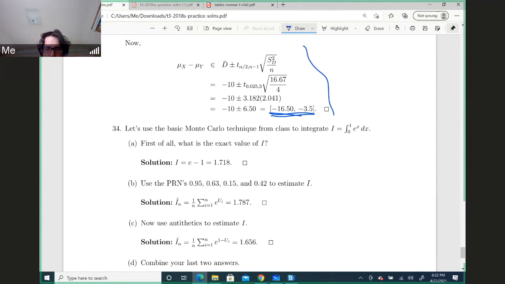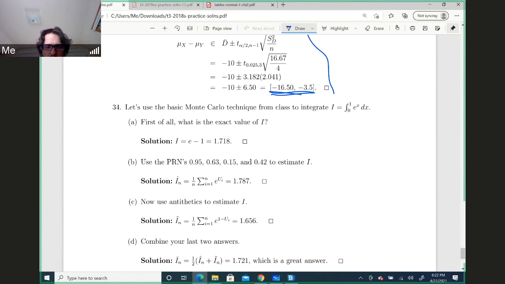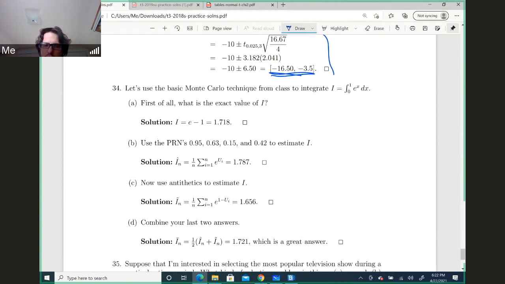And yeah, this last question is, I think, pretty similar to some stuff on exam 1.